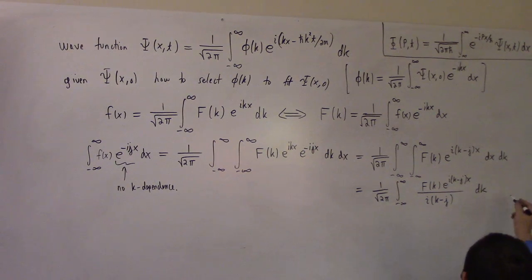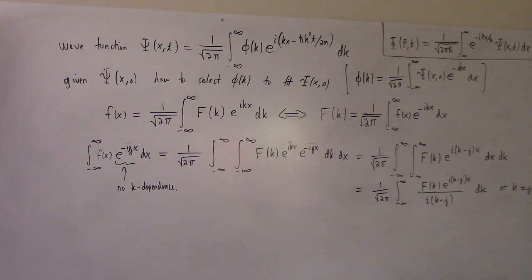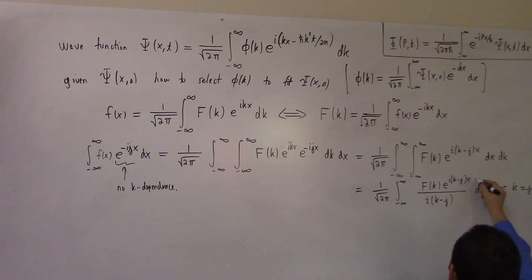Or k equals j. But if k is not equal to j, then I think I can do that calculation. But of course, keep in mind that this is going from minus infinity to infinity.